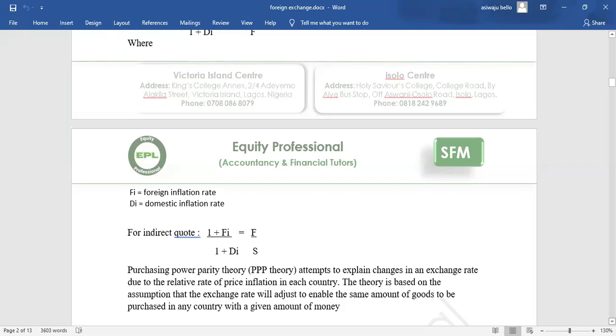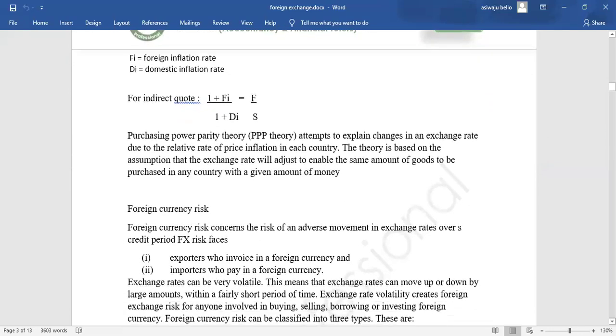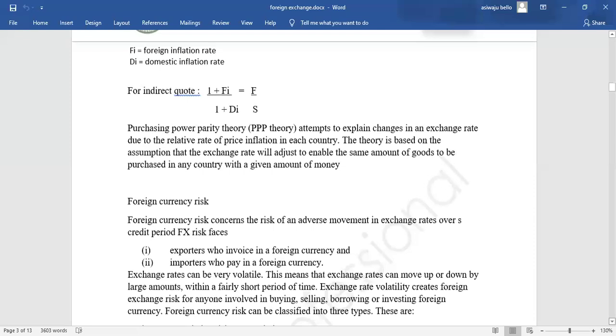All right, we stop here. We shall continue the class from foreign currency risk.